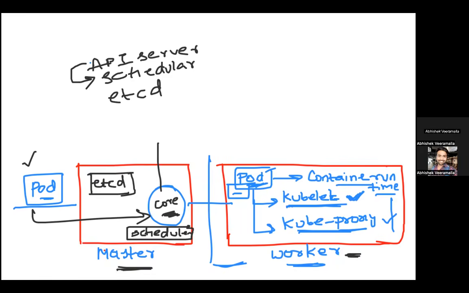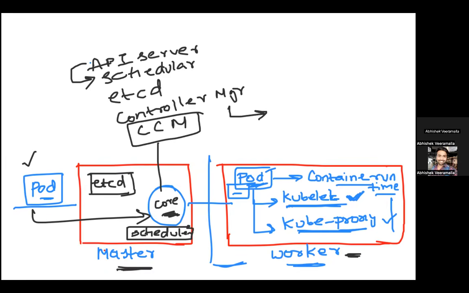And finally, you have two more components: the controller manager and the cloud controller manager. Let's put the cloud controller manager aside for a moment. If you understand what a controller manager is, like I told you, Kubernetes supports auto scaling. So to support auto scaling, Kubernetes has to automatically detect this and act on it.